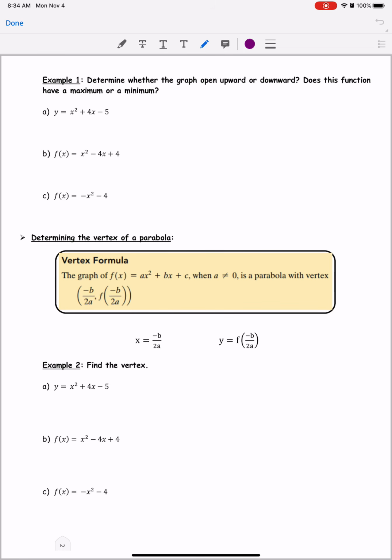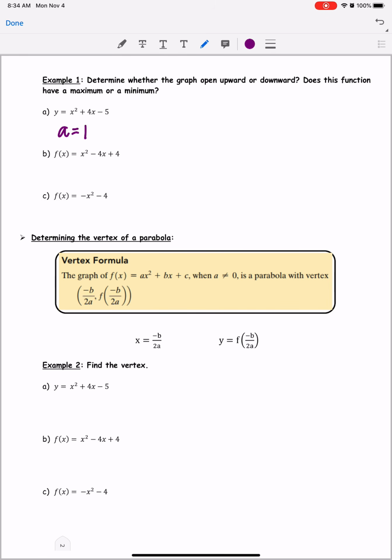So here, example 1, determine whether the graph opens upward or downward. Does this function have a maximum or a minimum? So here, determine what a is in this problem. Okay, if you don't see anything in front of this x term, then there is an unwritten 1. So my a here is 1.